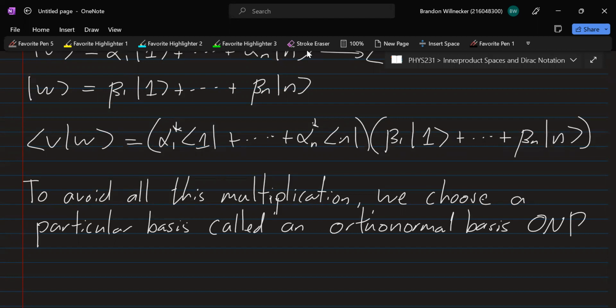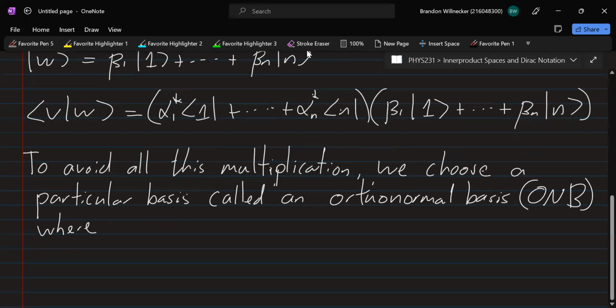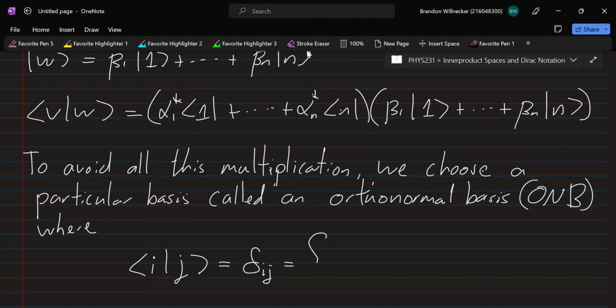And O and B, orthonormal basis, where the inner product between pairs of elements in the basis is given by the following. So if we pick the ith one with the jth one, this is given by delta ij. Now, what is this delta ij?